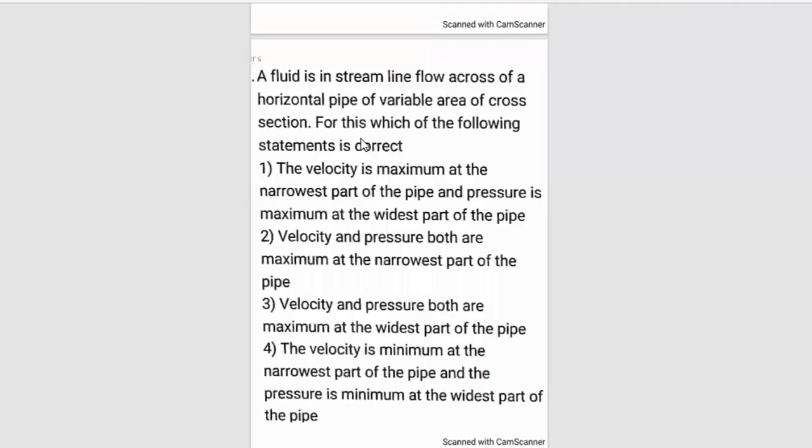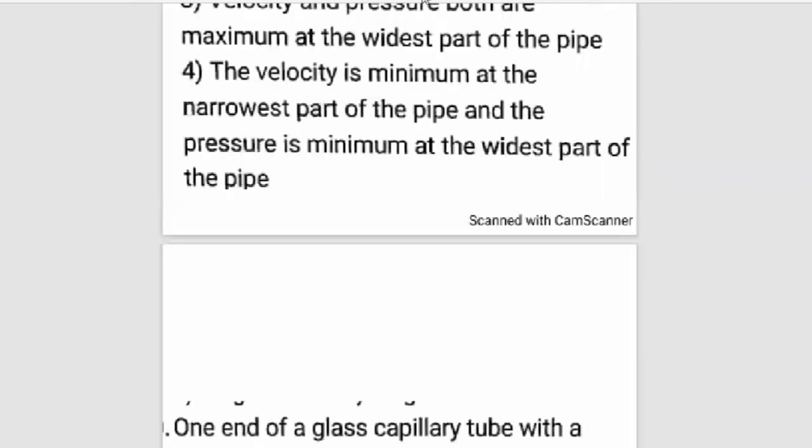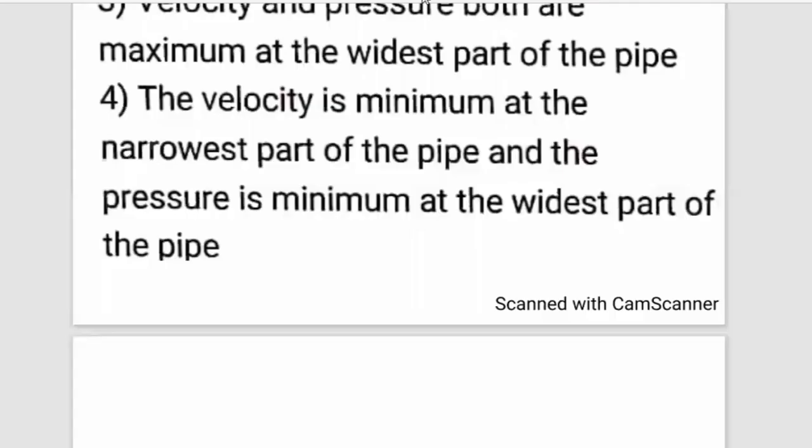Next problem: a fluid is in streamline flow across a horizontal pipe of variable area of cross section. Which of the following statements is correct? According to the equation of continuity, area into velocity is equal to constant.